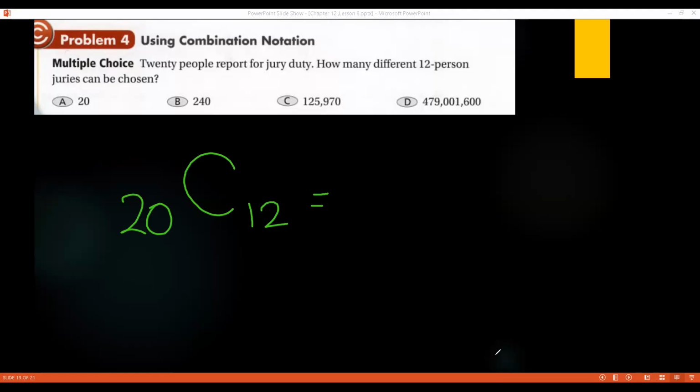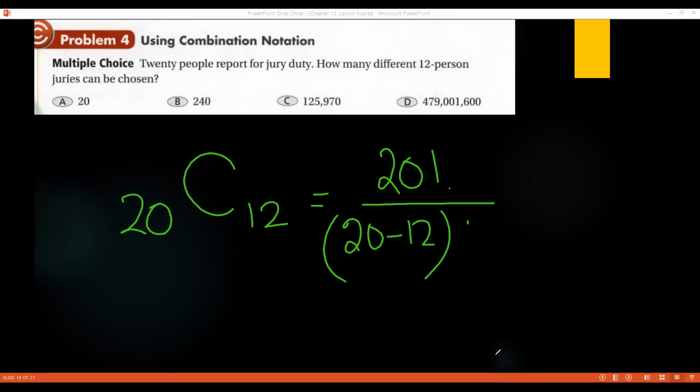So here, the answer is 20 factorial over 20 minus 12 factorial times 12 factorial. And the answer, as we said, 1, 2, 5, 9, 7, 0. So which is C.